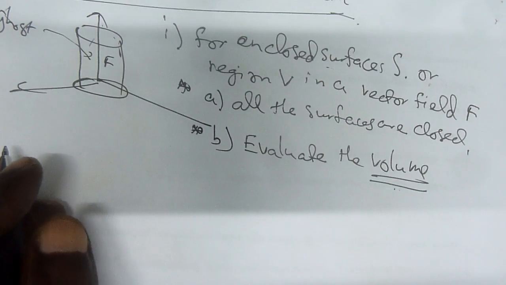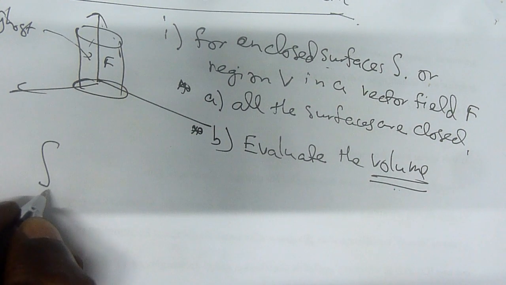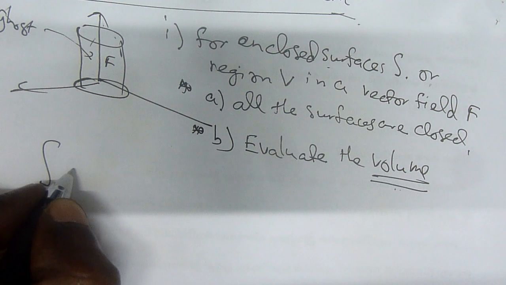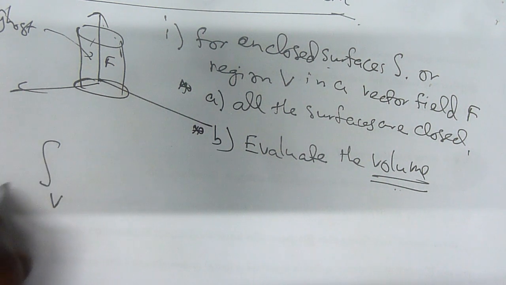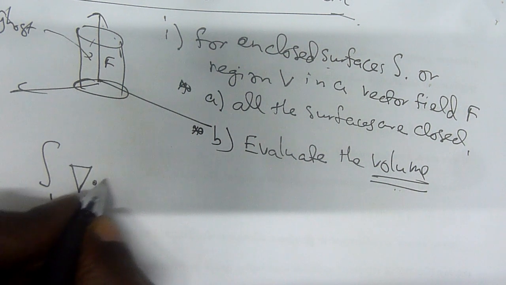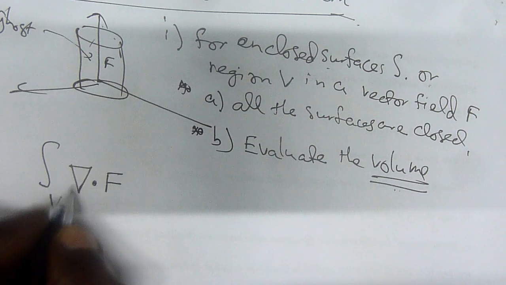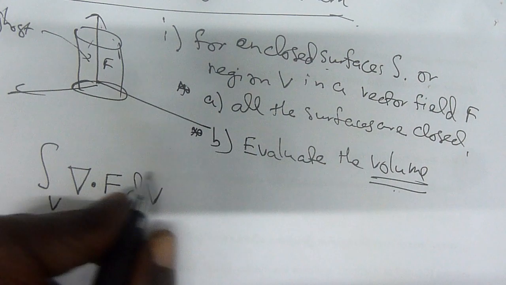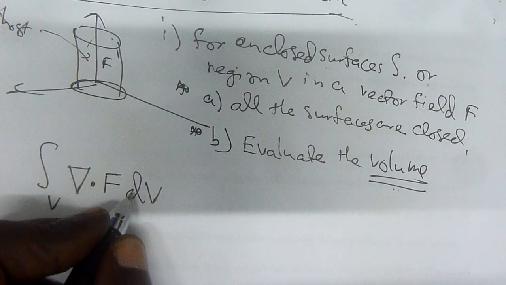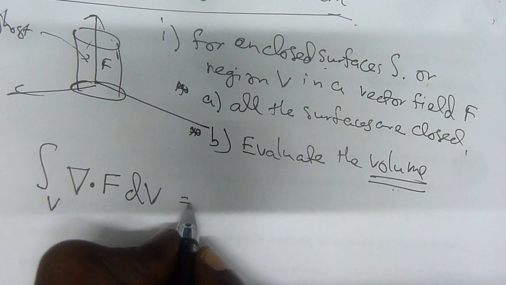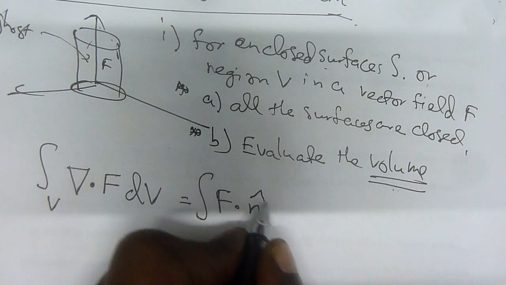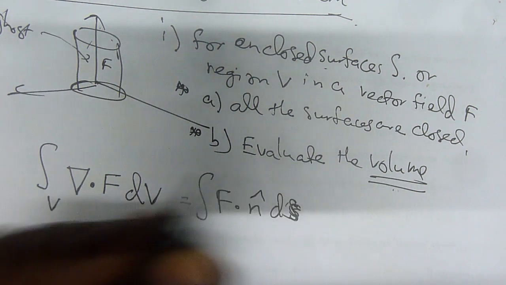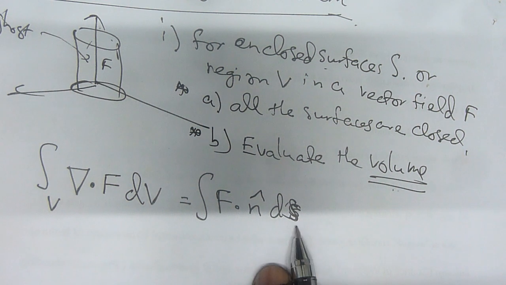Okay, with that, the definition is something like this: the volume integral of del dot F dV, where V means a 3 is involved here, and this is volume based. The divergence of F over the volume is equivalent to the closed surface integral of F dot ds. Be very careful, it's a small s, not a big S, because I already introduced n here.